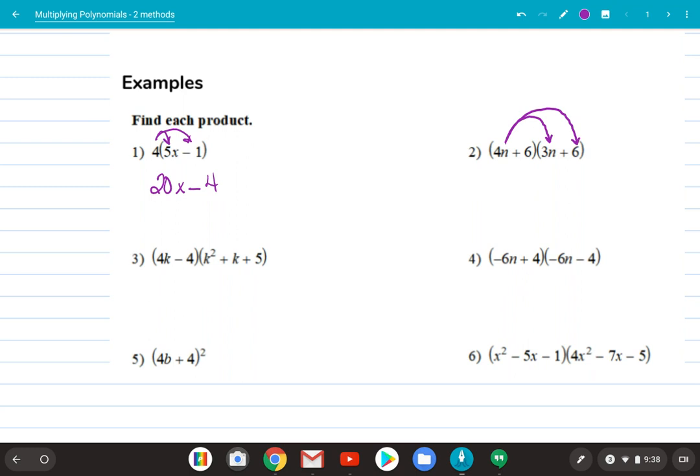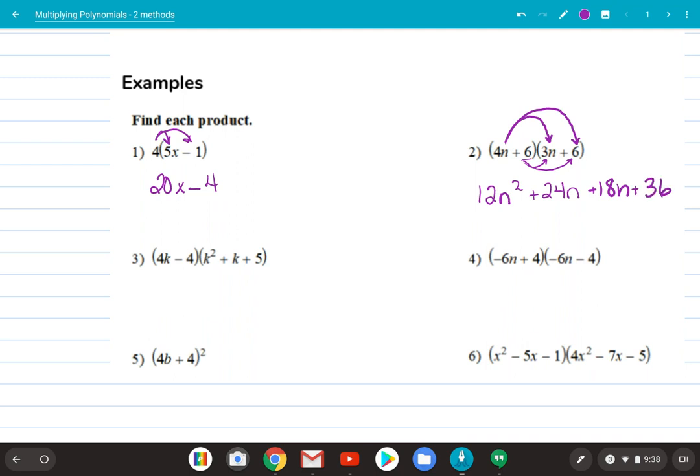So 4n times 3n is 12n squared, since n times n is n squared. 4n times 6 is 24n. Now we're going to take that 6, the second number, and multiply it to everything in the second parentheses. Plus 18n plus 36.